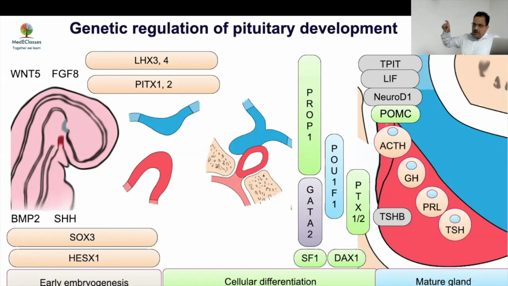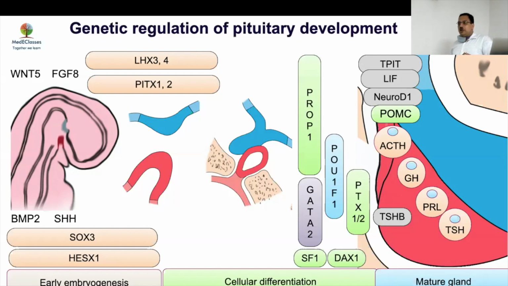Now, Prop1, as discussed, is an important regulator of pituitary growth overall as well. So the pituitary size, particularly the intermediate lobe, may be small, normal, or enlarged also in Prop1 defects, depending upon when the defect happened.